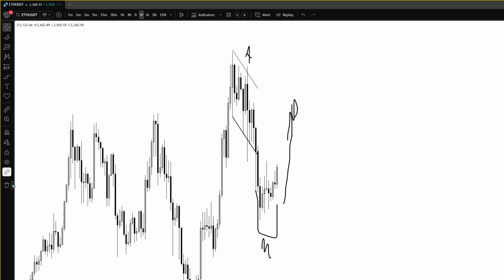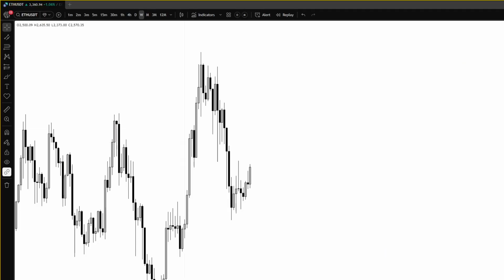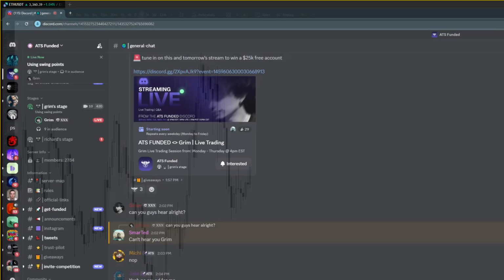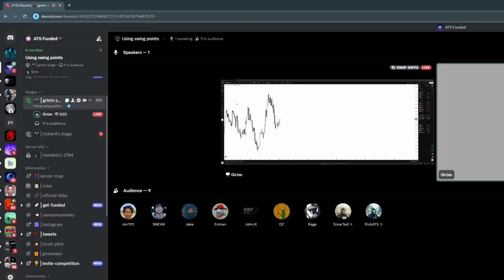We pulled back pretty hard into a nice key level, and we're getting a decent reaction off of it. But you see, we didn't sweep any of this either, so it just makes me a bit skeptical. We can also go over Sol as well.